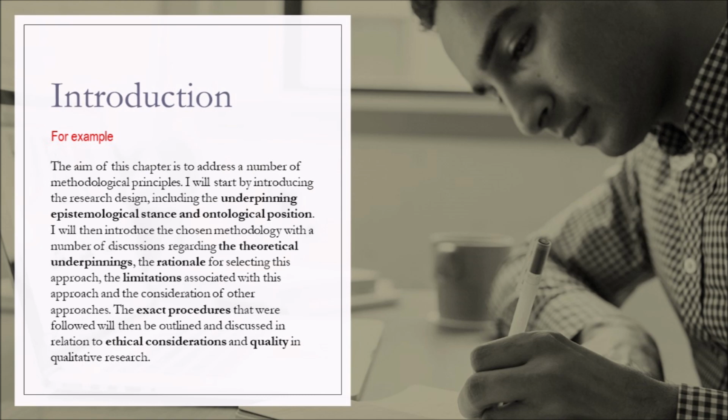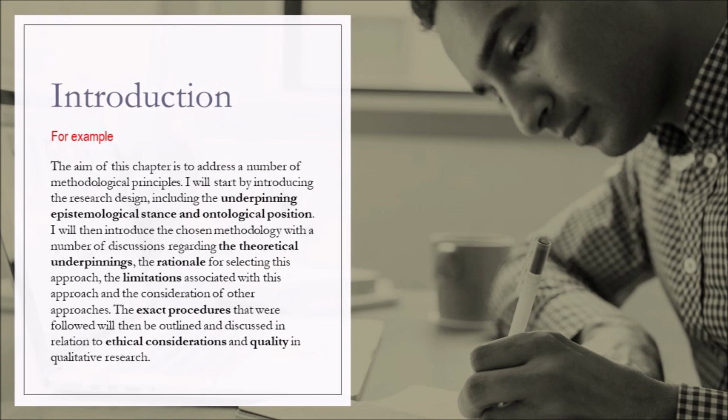I will start by introducing the research design, including the underpinning epistemological stance and ontological position. I will then introduce the chosen methodology with a number of discussions regarding the theoretical underpinnings, the rationale for selecting this approach, the limitation associated with this approach, and the consideration of other approaches. The exact procedures that were followed will then be outlined and discussed in relation to ethical considerations and quality in qualitative research.